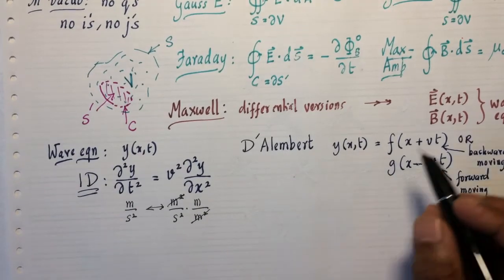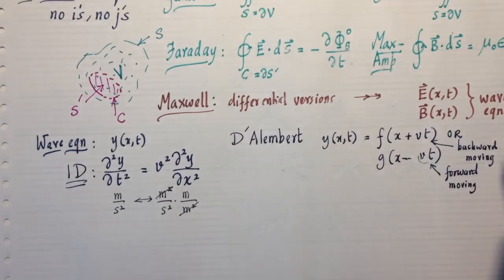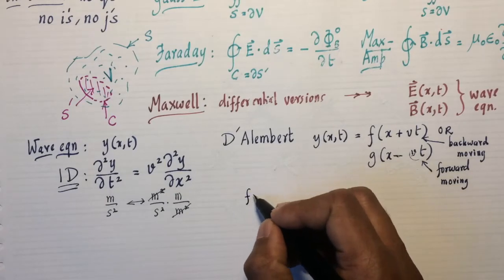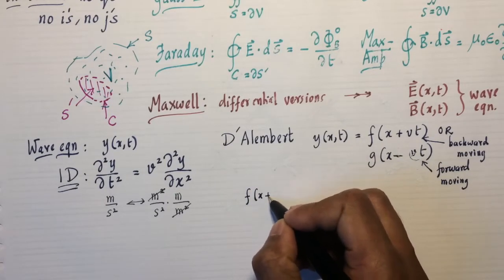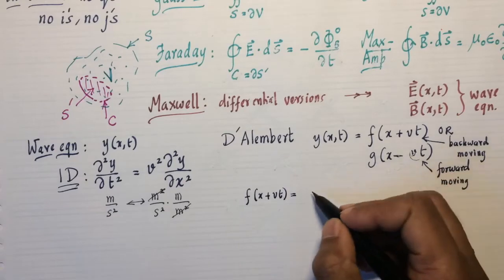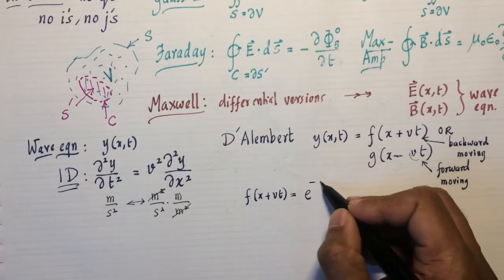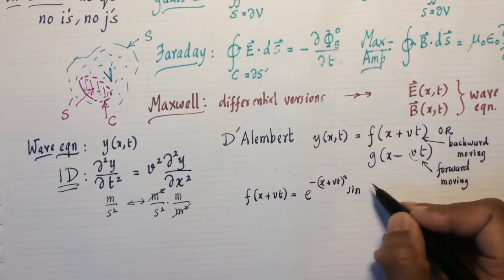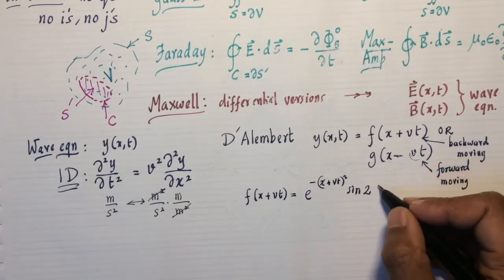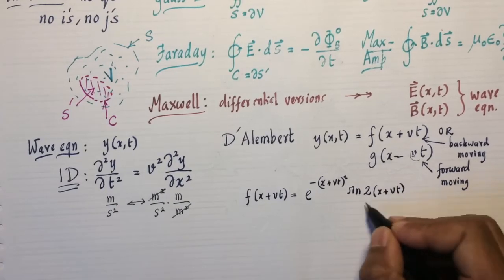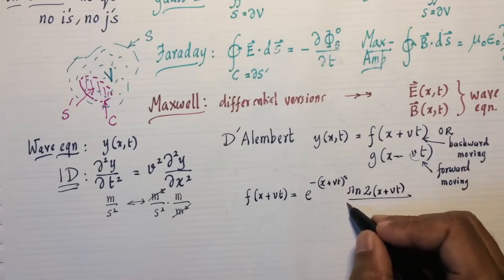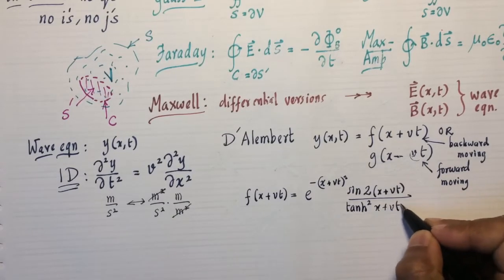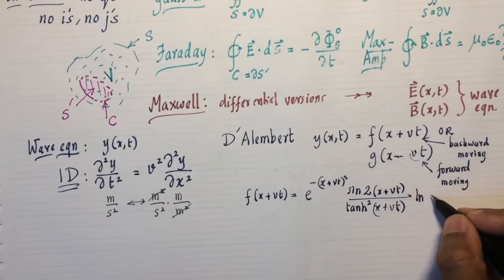So for the one-dimensional wave equation, any function works, this is very general. You can write some scary stuff. So for example, f of x plus vt, I could write something like this: e to the negative x plus vt squared times sine of 2 of x plus vt divided by, I don't know, tanh squared of x plus vt times natural log of x plus vt.